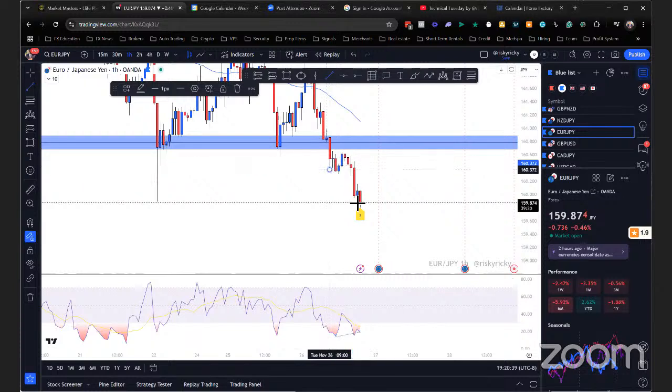As this is a very strong bearish move here, we have a 3 down here. So it's potentially going to push up.